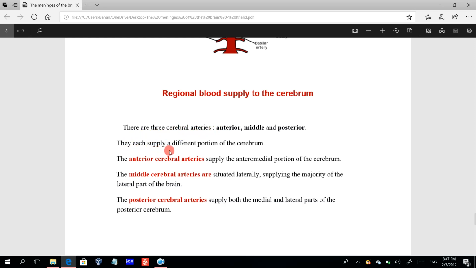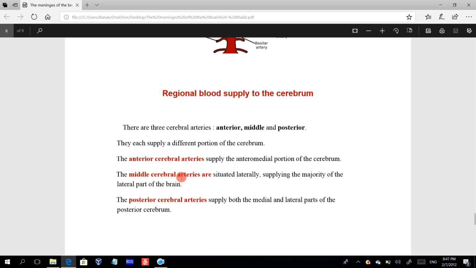They each supply a different portion of the cerebrum depending on its location, depending on its position. These cerebral arteries will supply the area that is present nearby this artery and its branches. So the anterior cerebral arteries supply the anteromedial portion of the cerebrum.